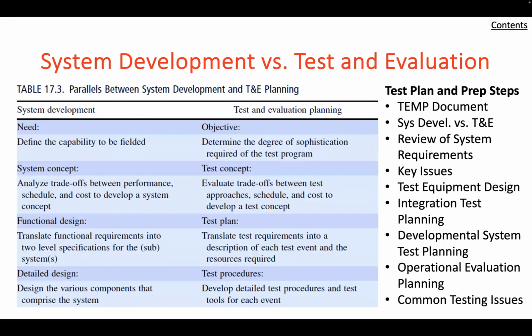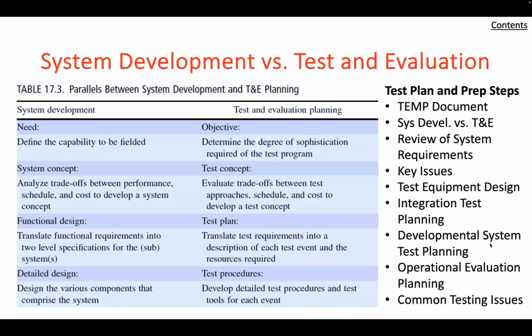In terms of integrated test planning, there is all kinds of planning that needs to happen. Maybe different tests have to be run in a certain order. There could be things like that. So before you get into the operational test, you have the development system test.